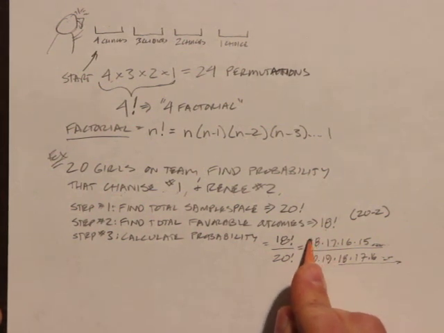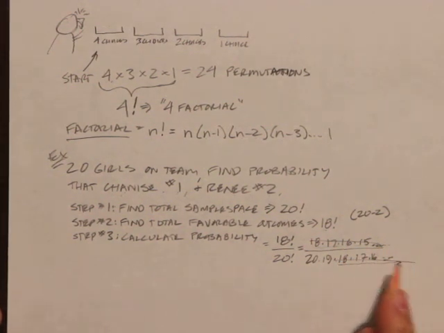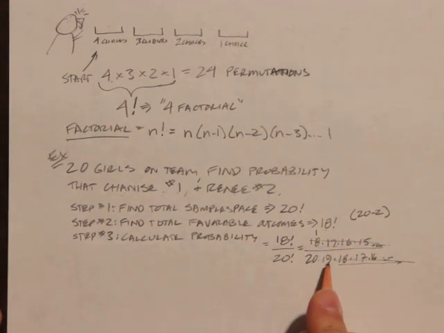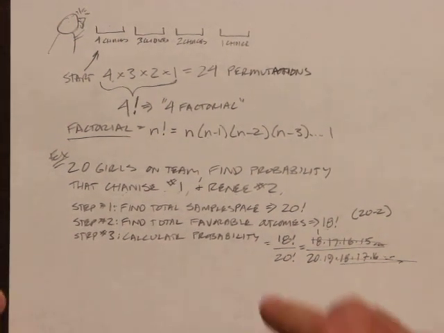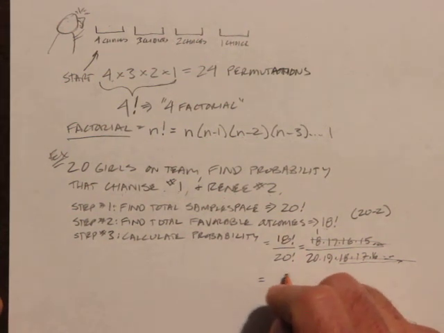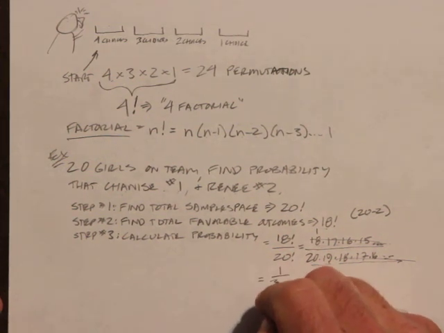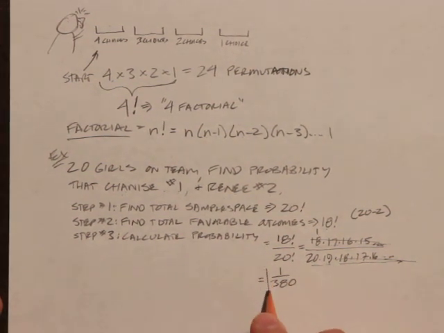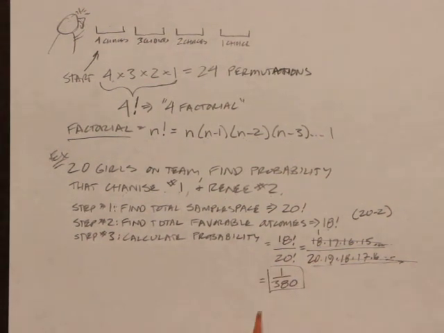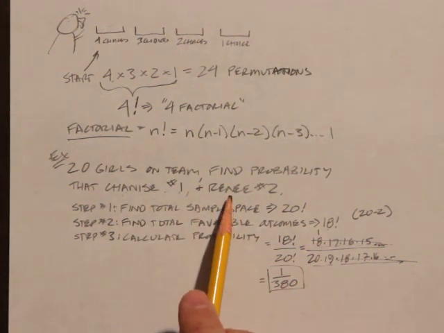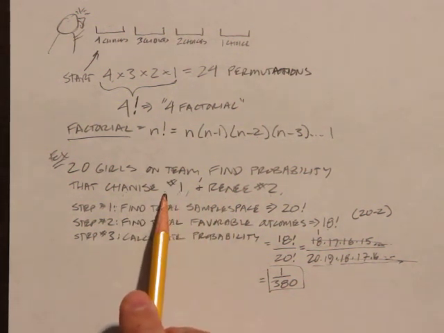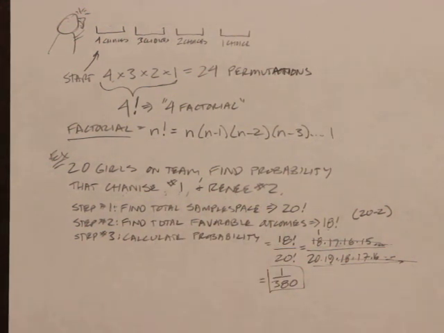So I could just cross those out, and this just becomes 1 over 20 times 19, which is 1 over 380. So they have a 1 in 380 chance of Shanice getting number 1, Renee getting number 2, and all the other girls get whatever number they get. Who cares? We only care about Shanice and Renee right now.